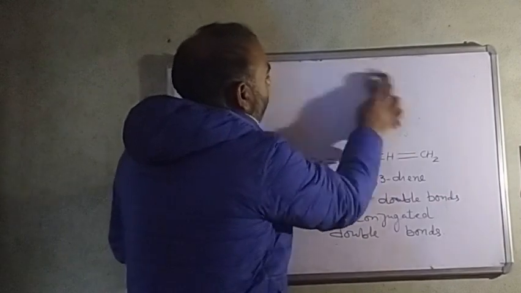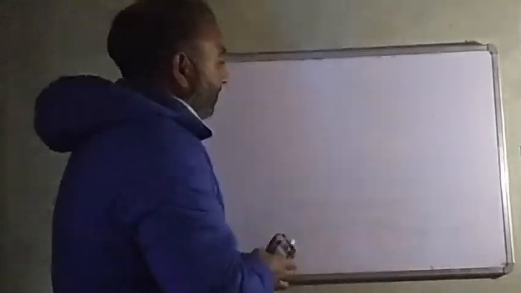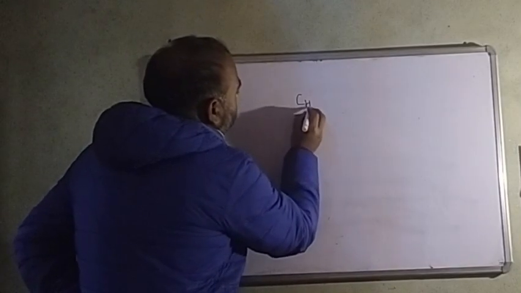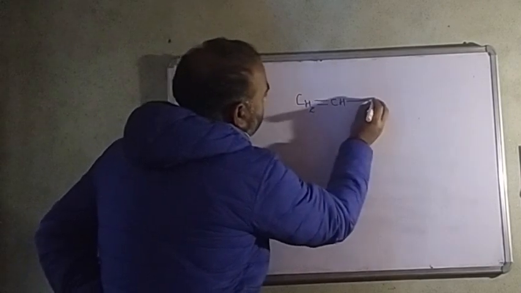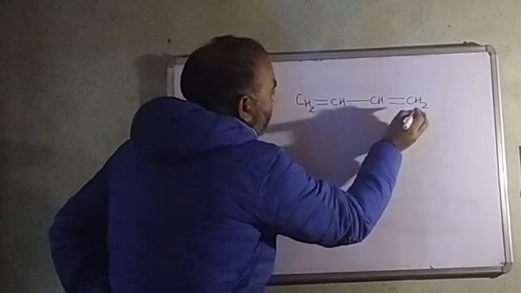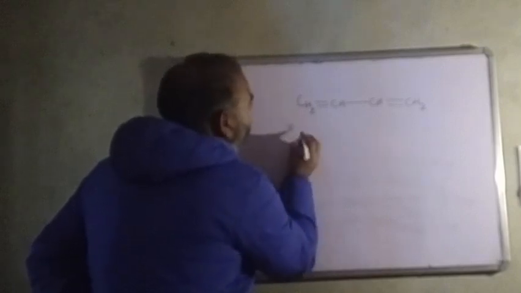See how pi bonds get delocalized. So this is butadiene. It is the first structure.